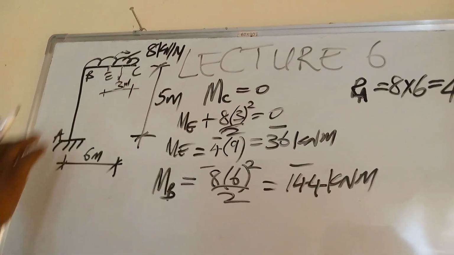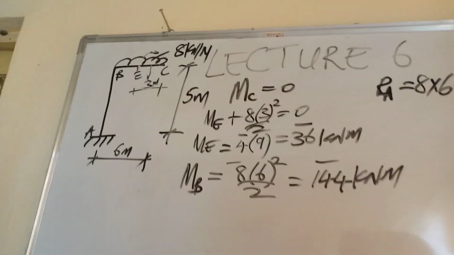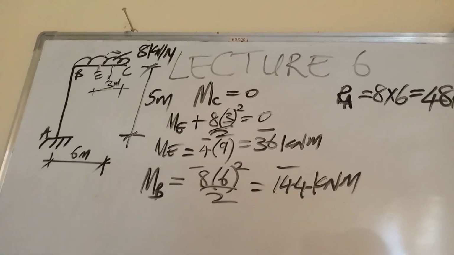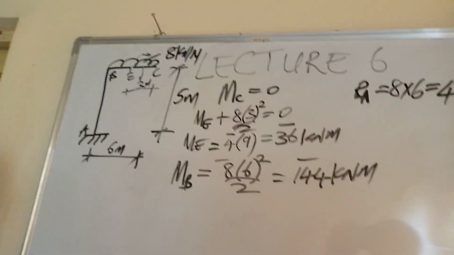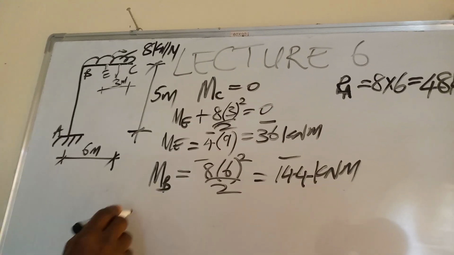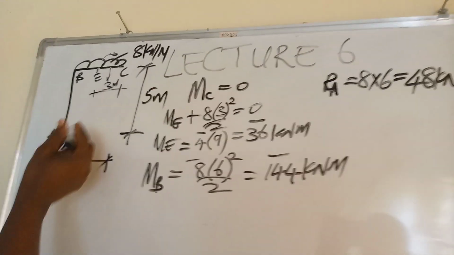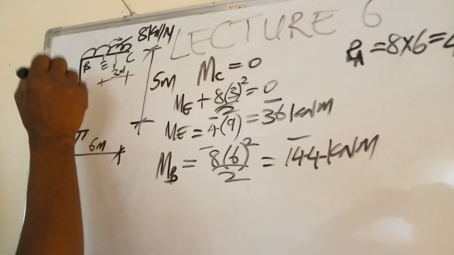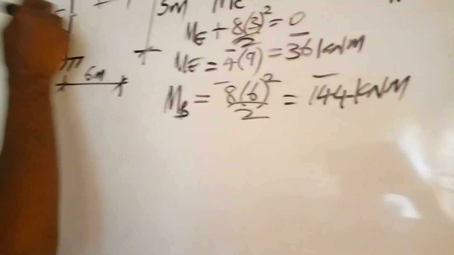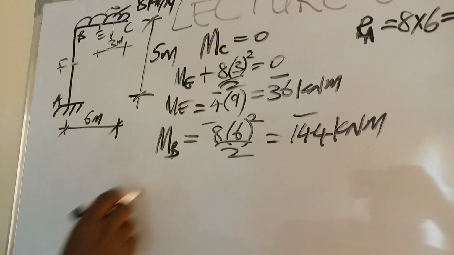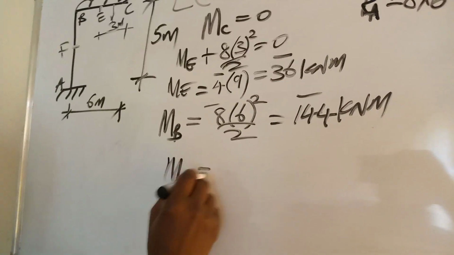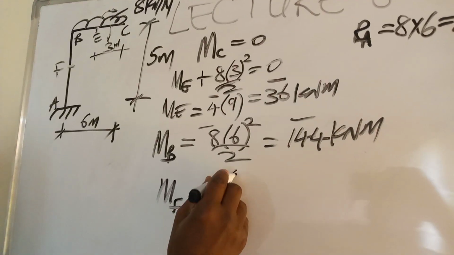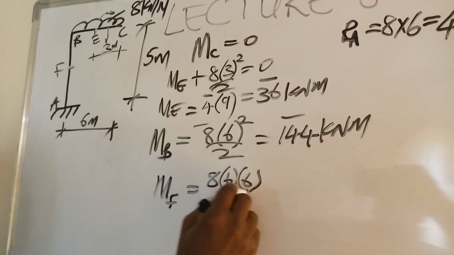Now, if I want to get the bending moment along BA, I will still take it as force times perpendicular distance. Let's take, for instance, the bending moment anywhere along it, let's call it point F. It's the same thing: 8 times 6 over 2.